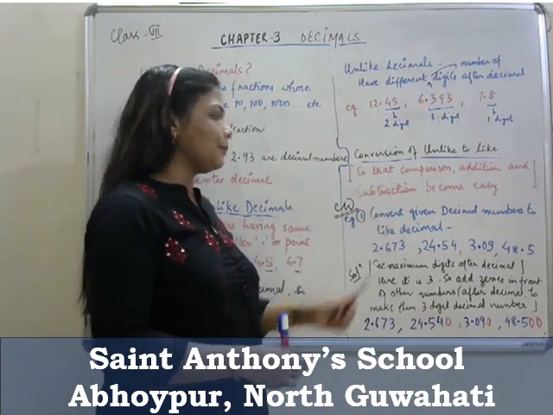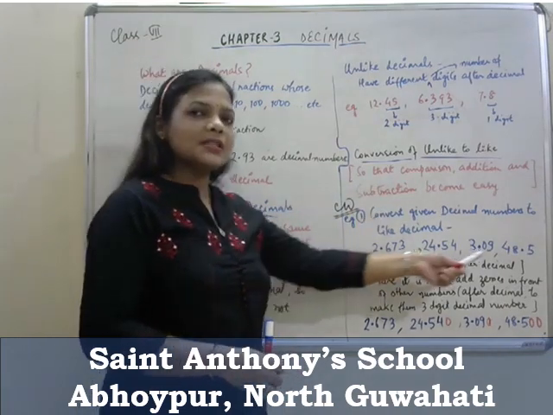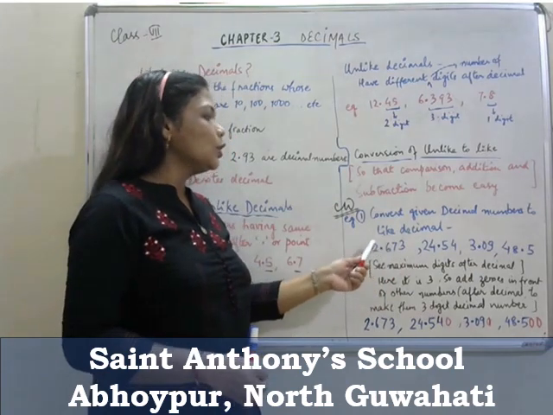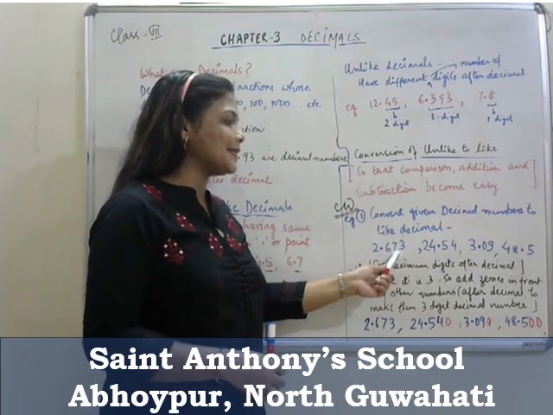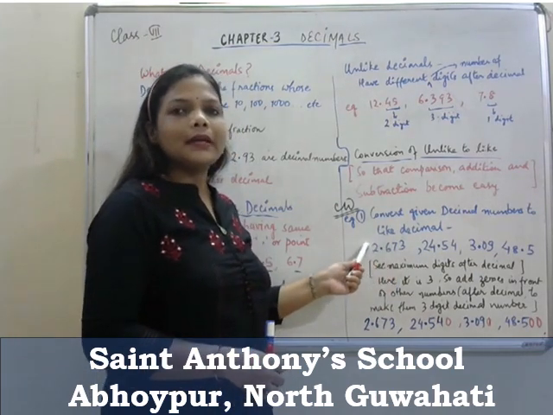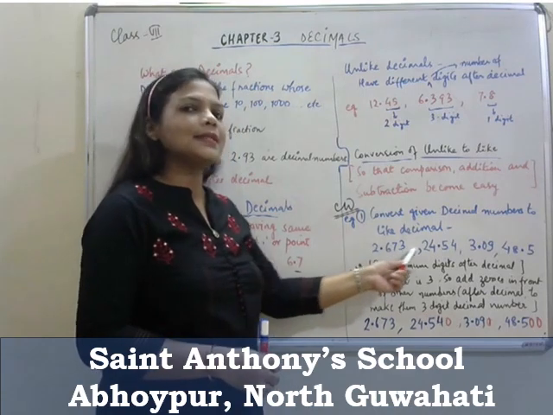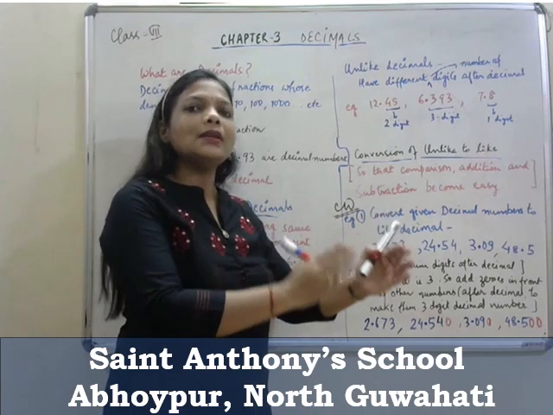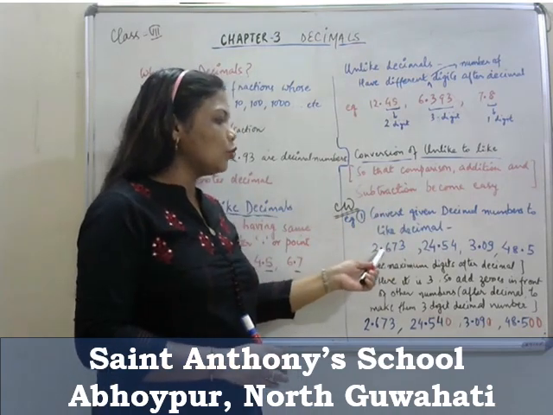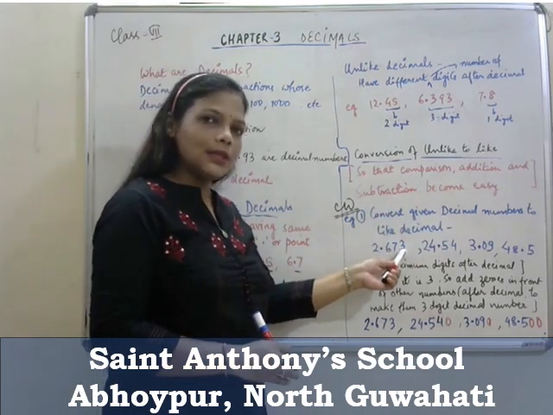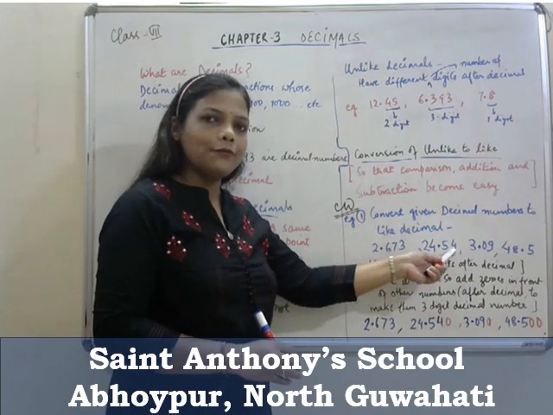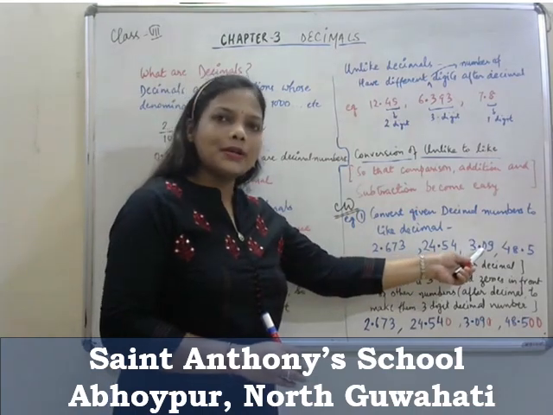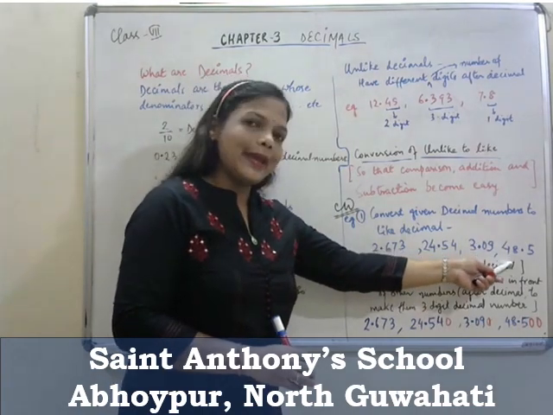Taking an example, I have taken a set of decimal numbers: 2.673. We never read the number after the decimal as a whole; after decimal, it is always read in distinct digits. So 2.673, 24.54, 3.09 and 48.5.